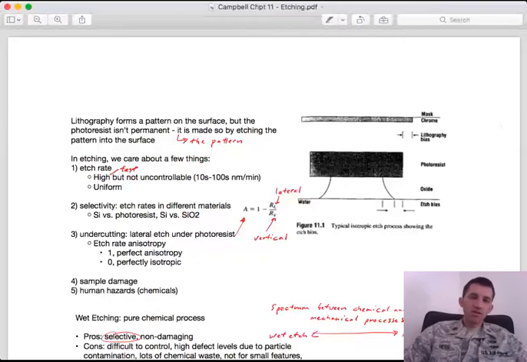So if you're going to have a very selective process, then it's probably going to be rather isotropic because the chemical doesn't really care if another atom or molecule is directly below it or directly to the side, right? Because at that scale, gravity is not a factor, and this may not even be held upright, where this photoresist is pointed upward and gravity is pulling it down. Anyway, okay, so those are the big three.